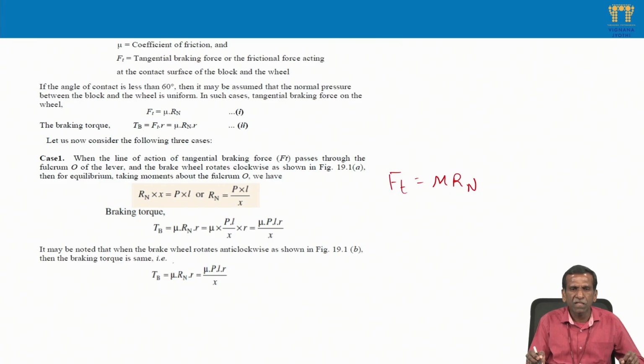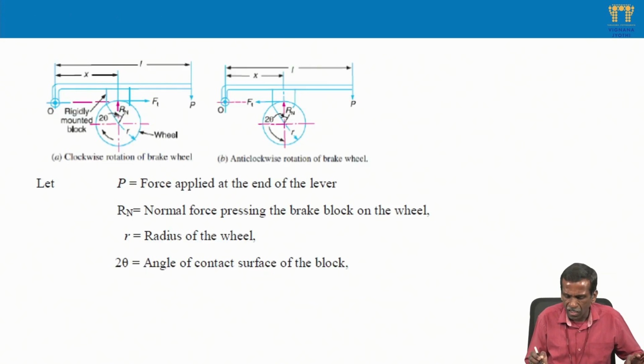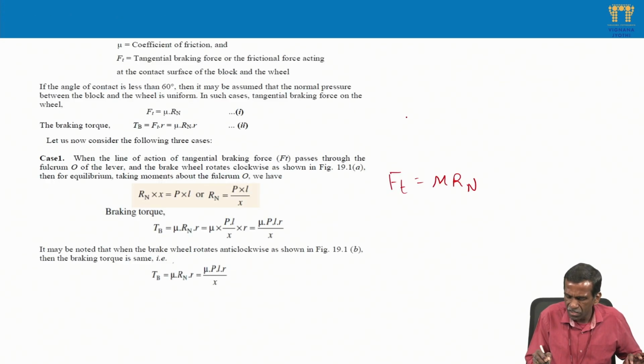Let us now consider case 1. What is that? When the line of action of the tangential braking force passes through the fulcrum. I will draw here. This is the fulcrum, the lever, this is the fulcrum.